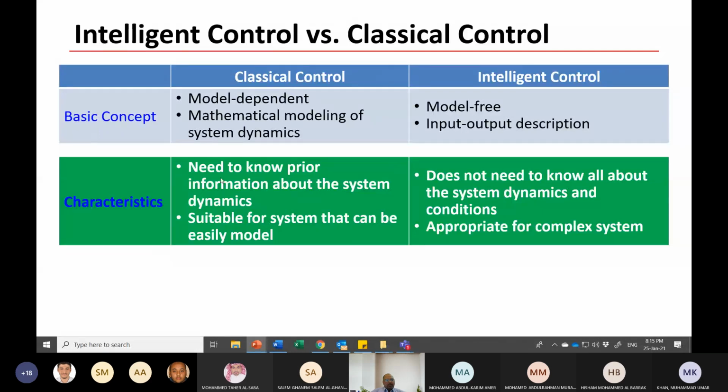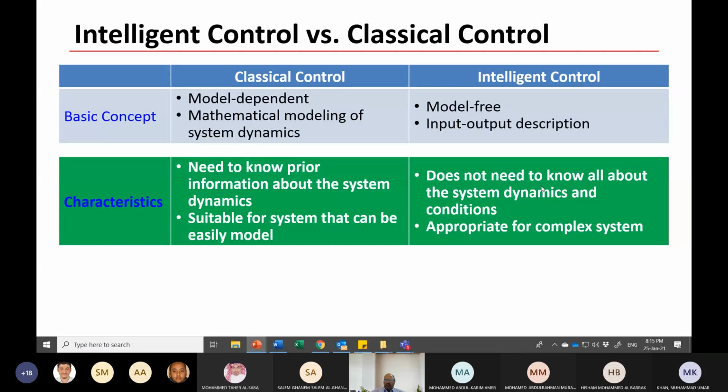Characteristic of the classical control also need to know prior information about the system dynamics. As you mentioned, you have to develop the model suitable for the system that can be easily modeled. If you can model the system, so you can develop the model and you can go through this.